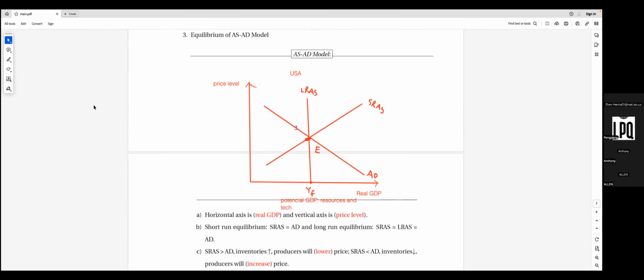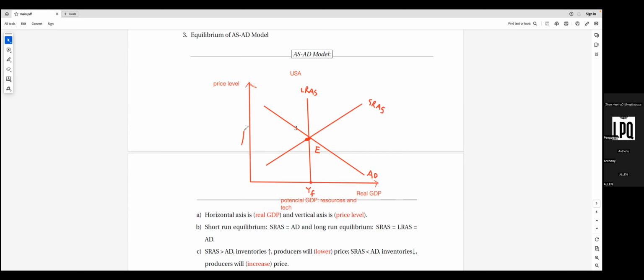But if we are considering a shorter period of time, short-run AS is a positive sloping curve. Just like the supply curve you already did in microeconomics, it is an upward sloping supply curve.